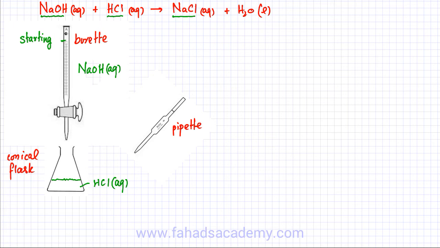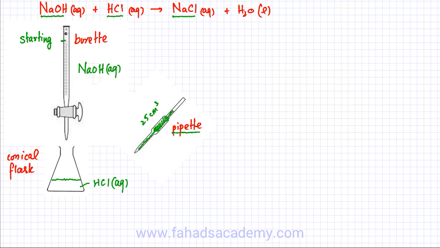The equipment that I'm going to use to fill HCl is called a pipette. A pipette is like a dropper, and it measures a fixed volume. You're going to fill this pipette till this mark, and generally it's 25 cm cube. The common laboratory pipette has a 25 cm cube volume.